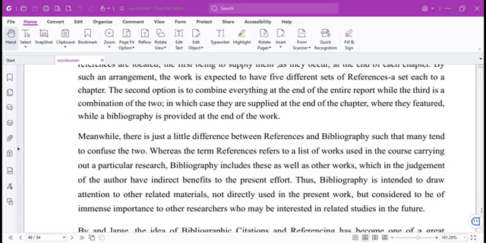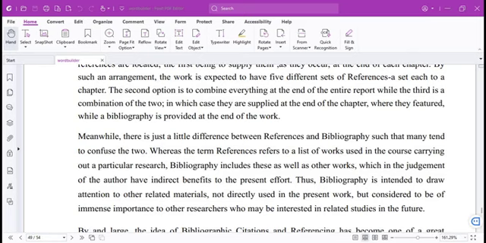So references has to do with those exact things that you use in the course of carrying out your research, while bibliography also includes all those ones that you use, but other works which are also of benefit to the present effort.